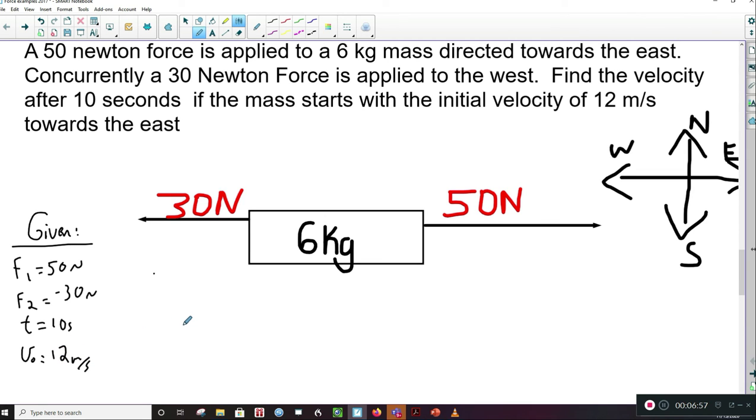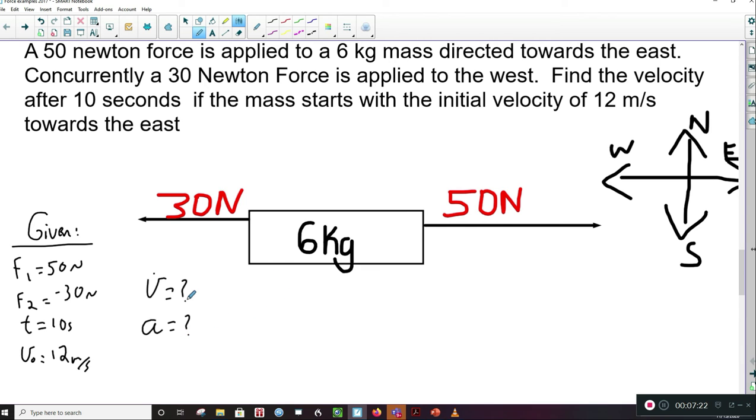So this thing's just moving along at 12 meters per second, and these forces are applied to it. And we're looking for final velocity. That's my unknown. That's my goal. Now, in order to find that, we really need to find the acceleration. So I'm going to, again, go to the sum of the forces, or Newton's second law, to find the acceleration.